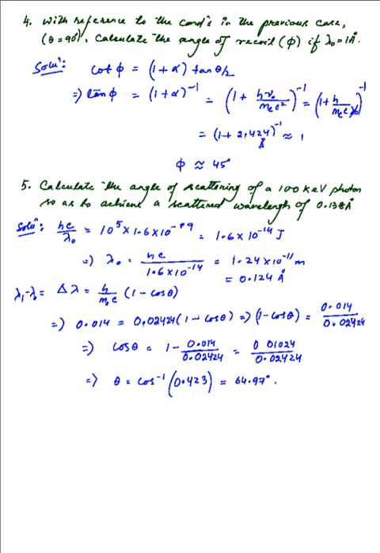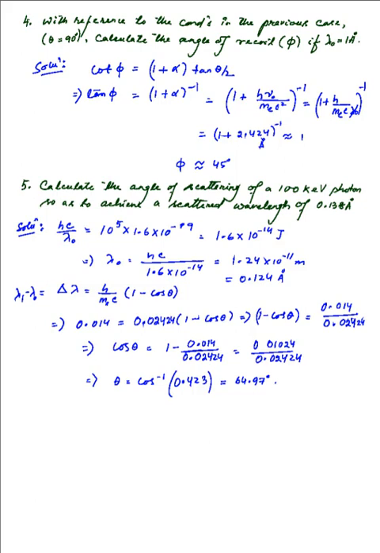So taking the reciprocal of both sides, what we get is tangent of phi is equal to 1 plus alpha, which now goes to the denominator, so that is the reciprocal of that, to the power minus 1. Now tangent of theta over 2, theta in this case being 90 degrees, theta over 2 is 45 degrees, so tangent of 45 is 1, the reciprocal of that is going to be 1 as well.